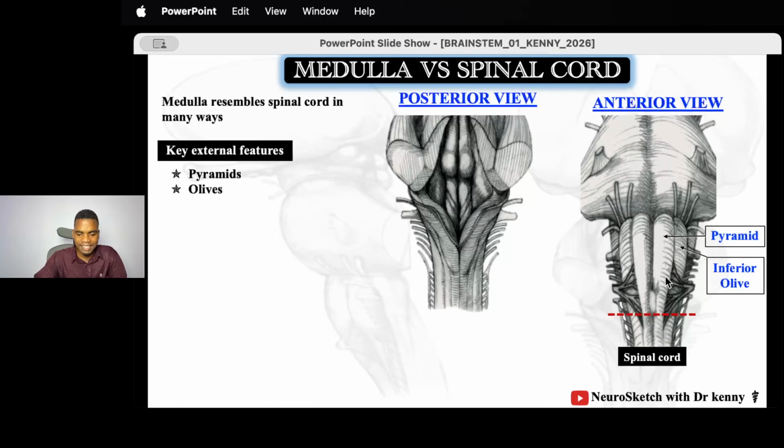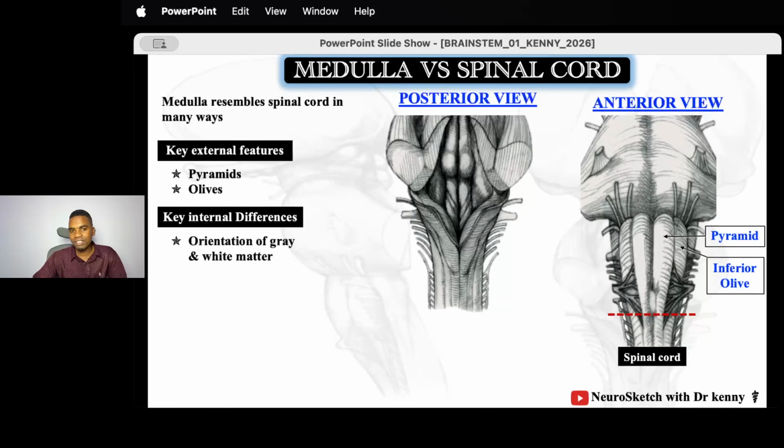Pyramid and olive are found in the medulla and are absent in the spinal cord. Key internal differences: the orientation of white matter. In the brain, the white matter is inside and the gray matter is outside, but in the spinal cord it's the opposite: the white matter is outside and the gray matter is inside.